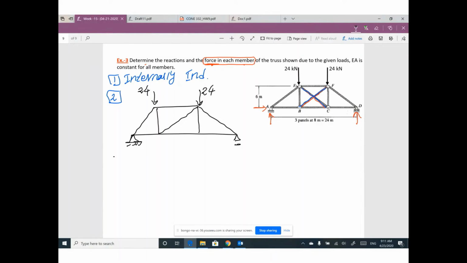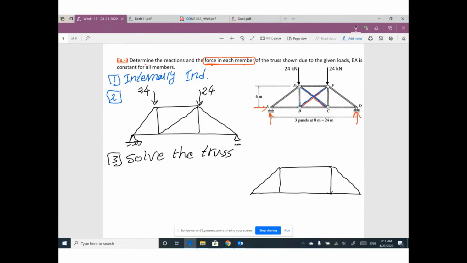Third step, solve the truss for the first time. It was a given load. Your truss looks like this. We have here 24, we have here 24.